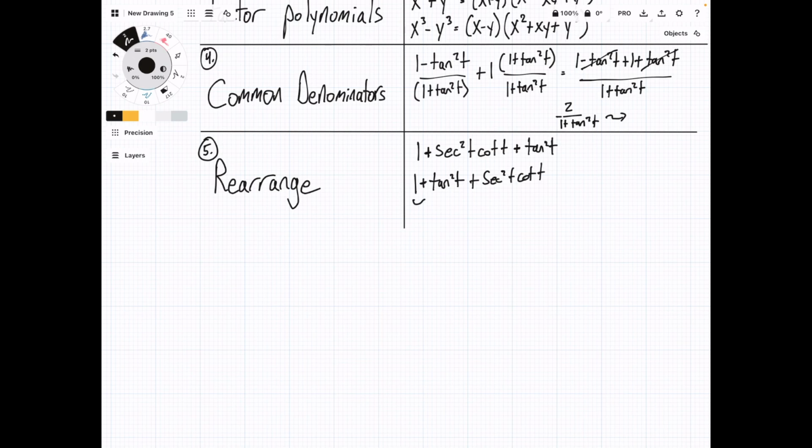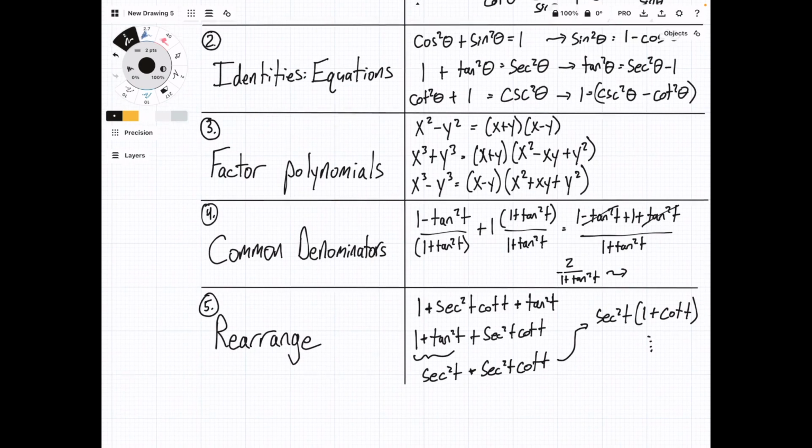And now that we've got these together, we can see that this is actually secant squared t plus secant squared t cotan t. And then we can pull out a secant squared t. And it seems like that's probably the way to go with this one. And so you can keep going on that way.